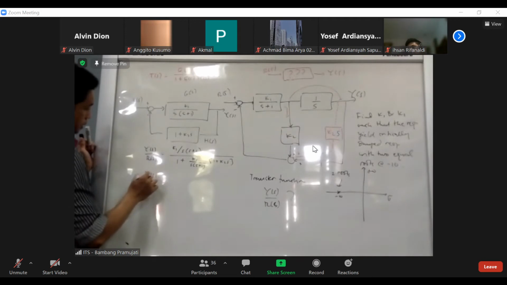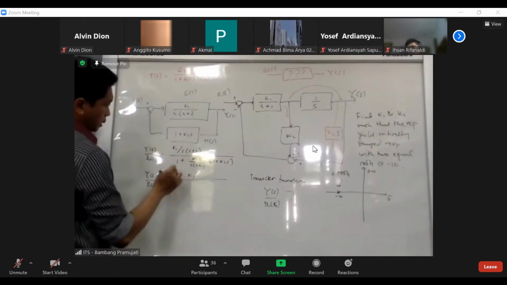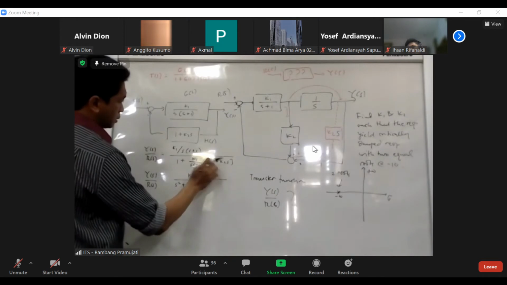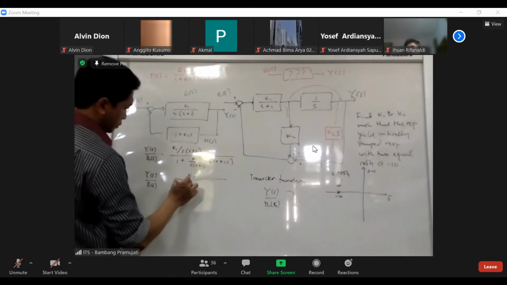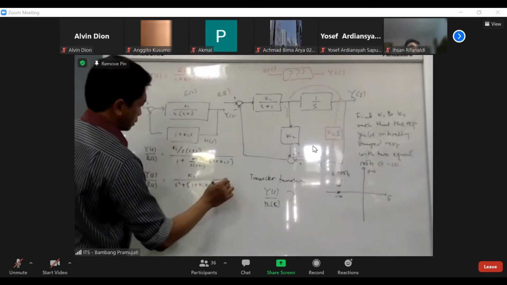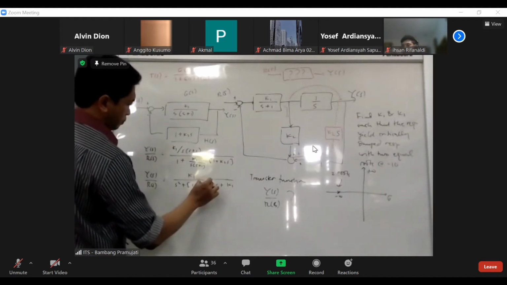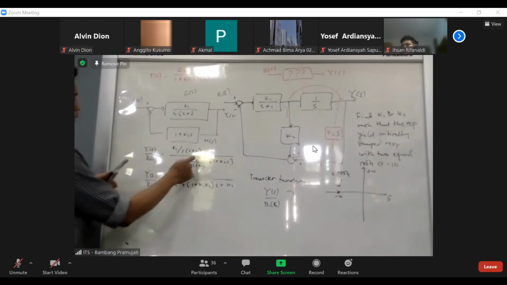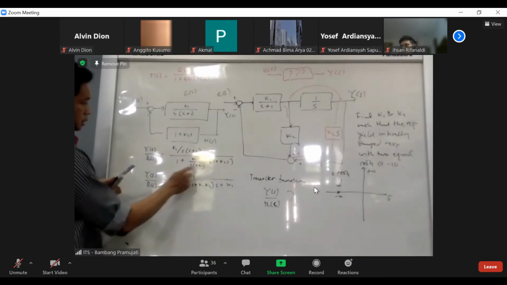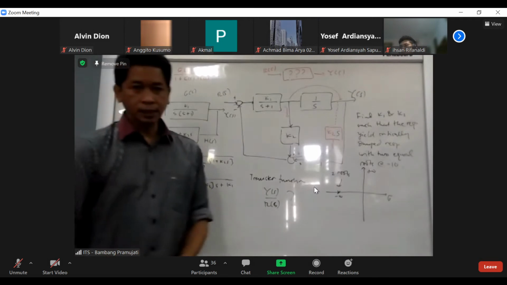And then Y(s) over R(s) becomes K1 over s squared plus s, plus K1 K2 s. Therefore, you will have 1 plus K1 K2 s plus K1. If you multiply K1, K2 s, K1, K2 s, from here there is s. So 1, K1, K2 s. Roughly like that.